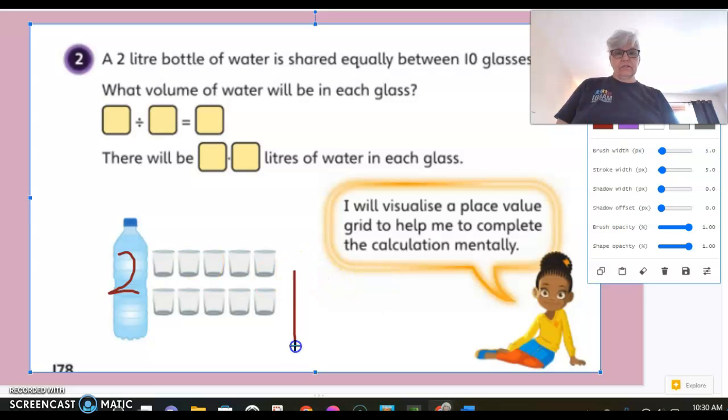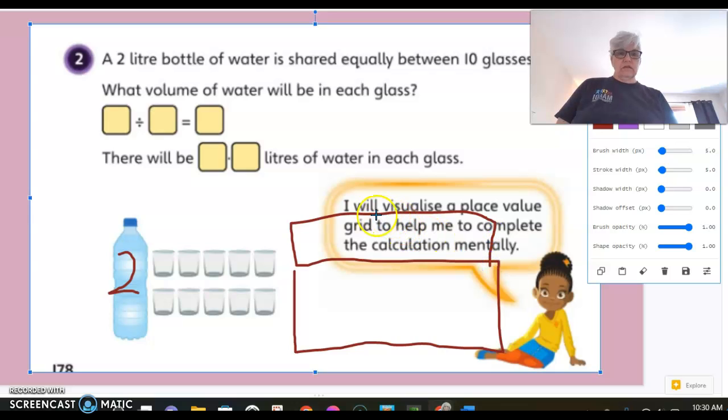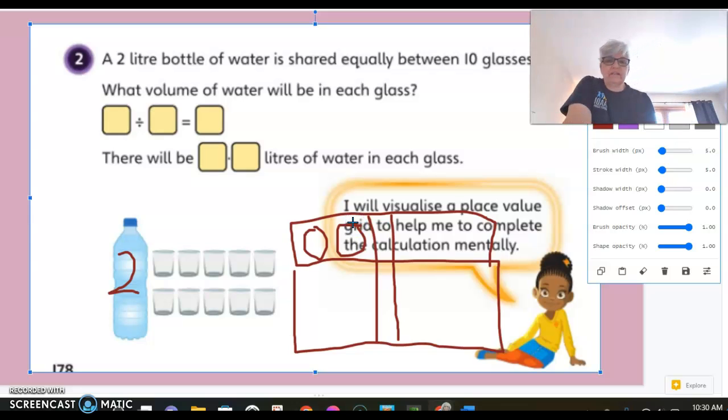So she's going to visualize, but I'm going to draw it because I think we need to see it. All right. If we're going to have 2 bottles, and we need to divide these into groups of 10.